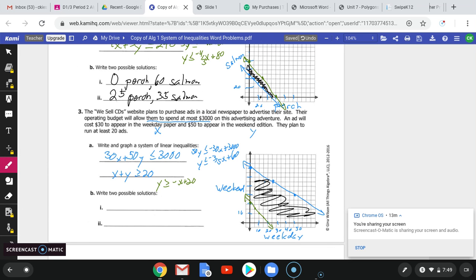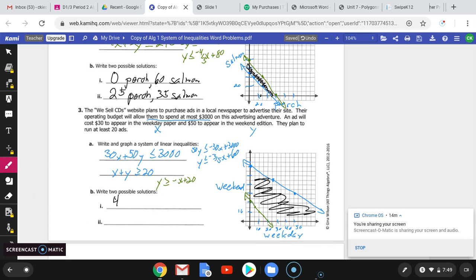Because I know anything right here is going to work. So instead of trying to figure out that small space there, I have a larger space I can work with. So I can have as a possible solution, I don't know, 40 weekday and 10 weekends. I could have 40 weekdays and 20 weekends.